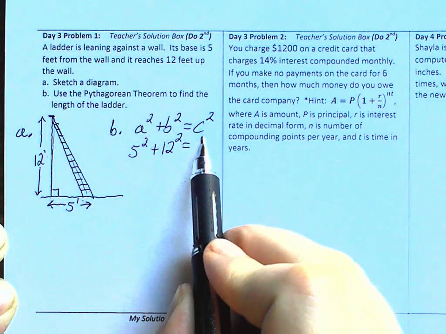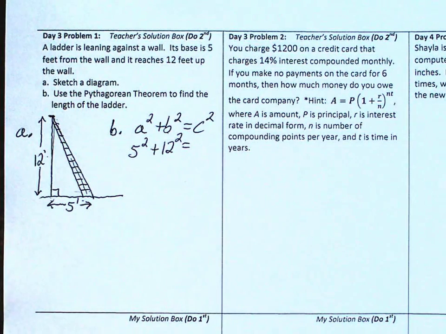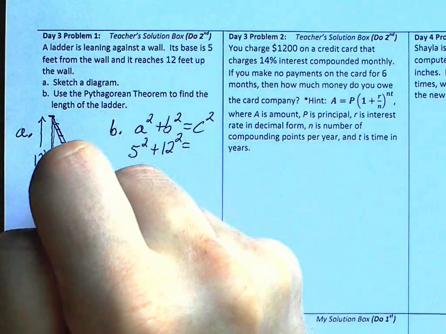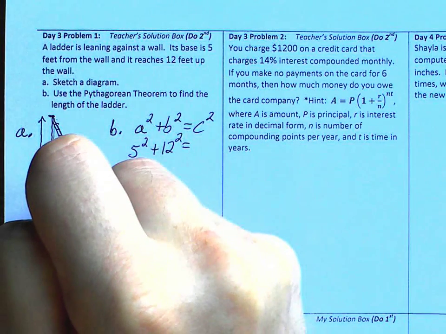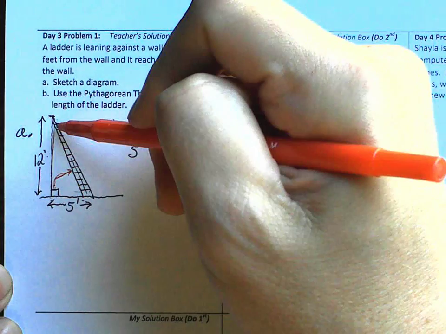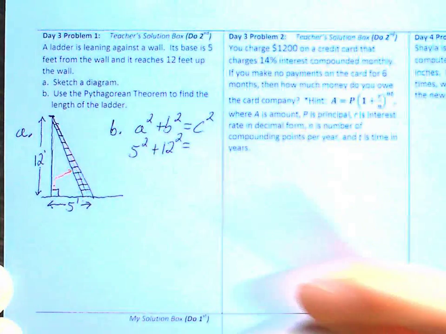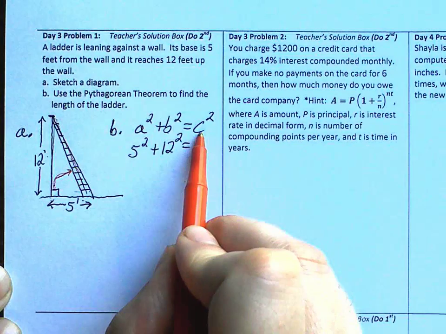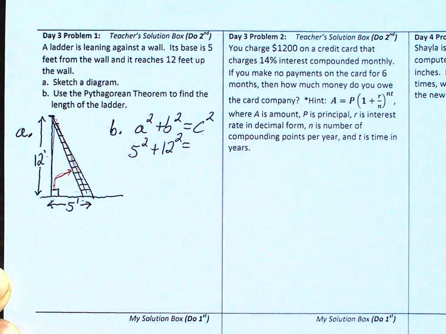The letter c in the Pythagorean theorem represents the hypotenuse of the right triangle. The hypotenuse of the right triangle will always be the longest of the three sides. It will always be located opposite from the 90-degree angle. It's this one here that looks diagonal to us. That's the one that is the letter c in the Pythagorean theorem.